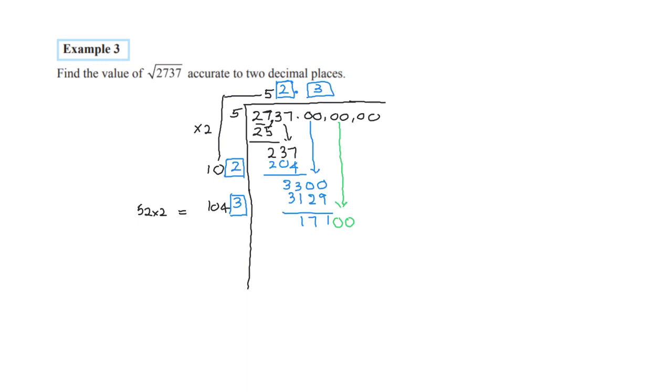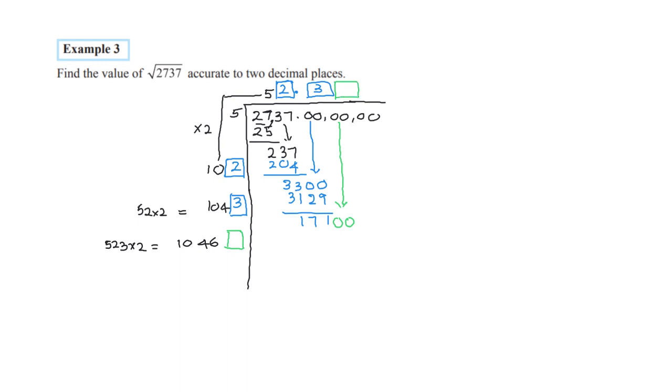You have to double it. So, 523 times 2 makes 1,046. So, next number, we're going to write here. Same number you have to write there.